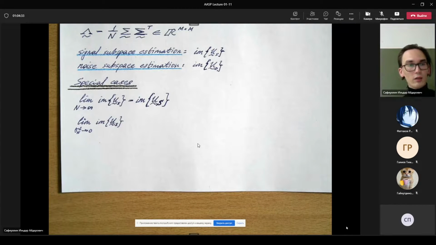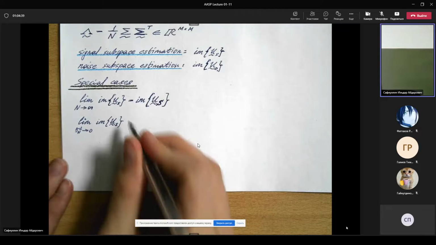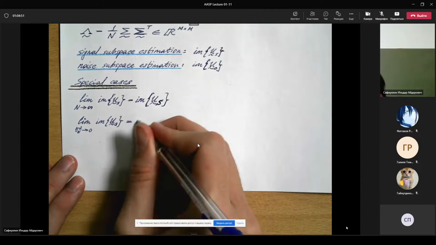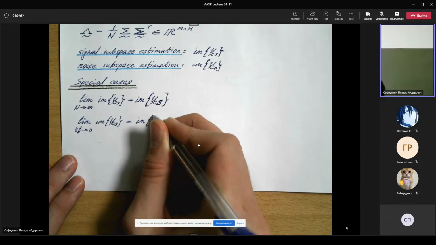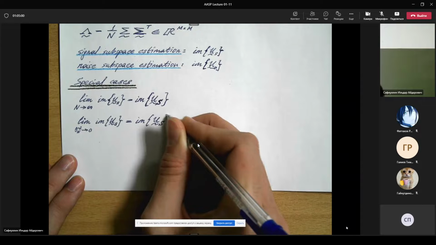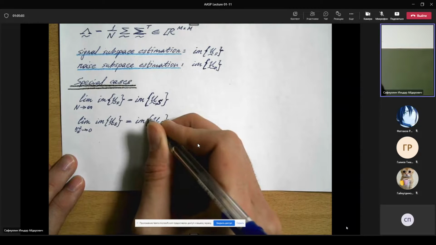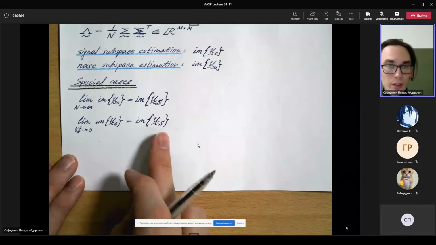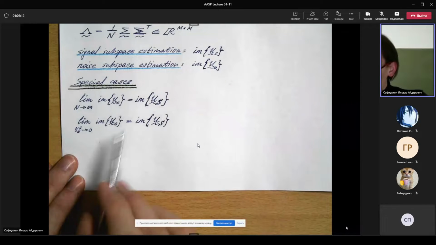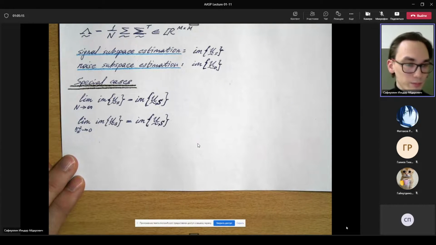You can see that if our noise will be 0, we will have this case without noise, and in this way we will have the original signal subspace, image of U subscript capital S. So here and here we have capital S, and from the left side here and here we have small s.